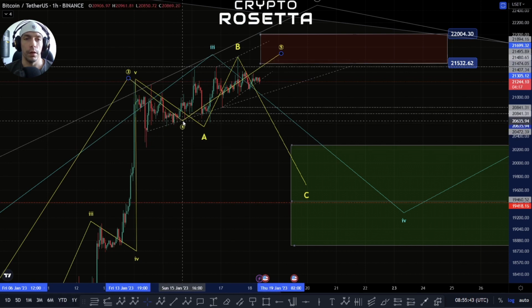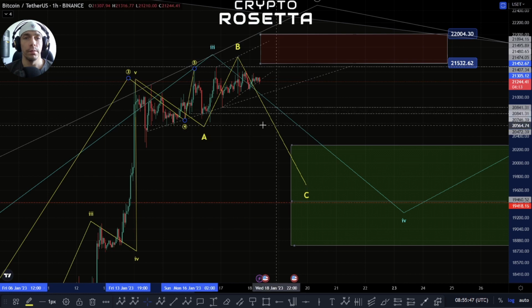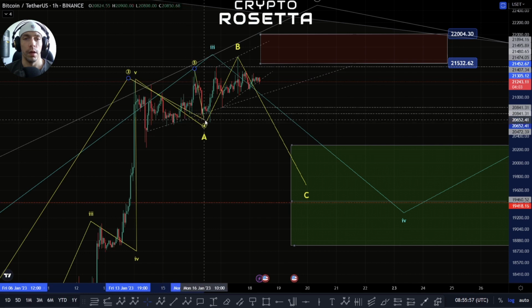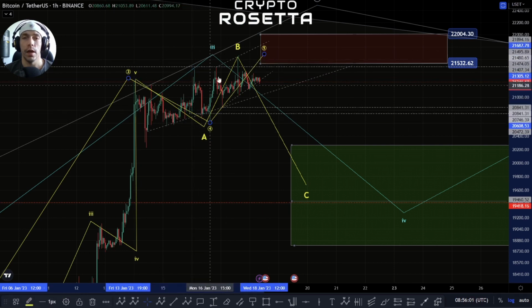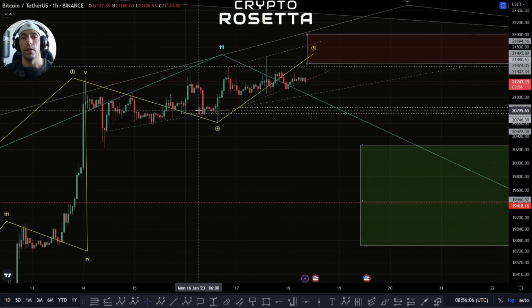Actually, it would have been here, and then we've had a 5th wave into this point. And then we have this as a new structure. But once again, because we have this 5-wave move here, we've actually come up above that origin. So that would indicate to me that we have a flat correction here. So for the time being, I'm still looking at it as a potential running flat within here, and then effectively still looking for this move to the upside.